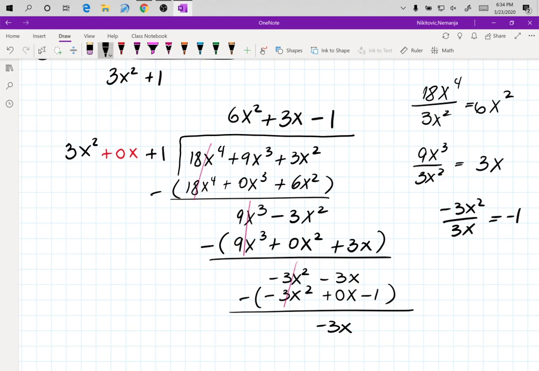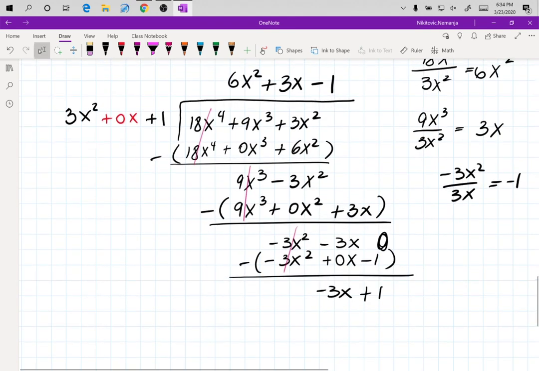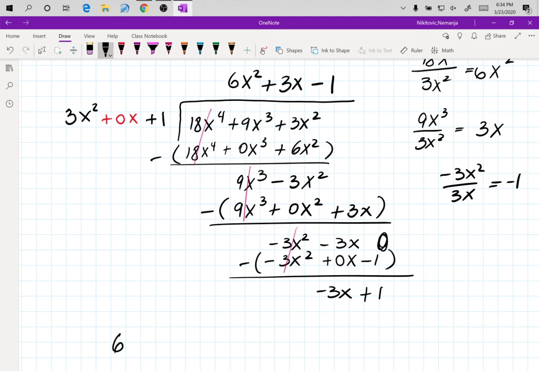And we have now plus 1, because this is technically a 0 here, minus, and a minus will make a plus. So 0 plus 1 is 1. That's the remainder. So we would write that in the answer as 6x squared plus 3x minus 1 plus negative 3x plus 1 over 3x squared plus 1. And this would be the answer.